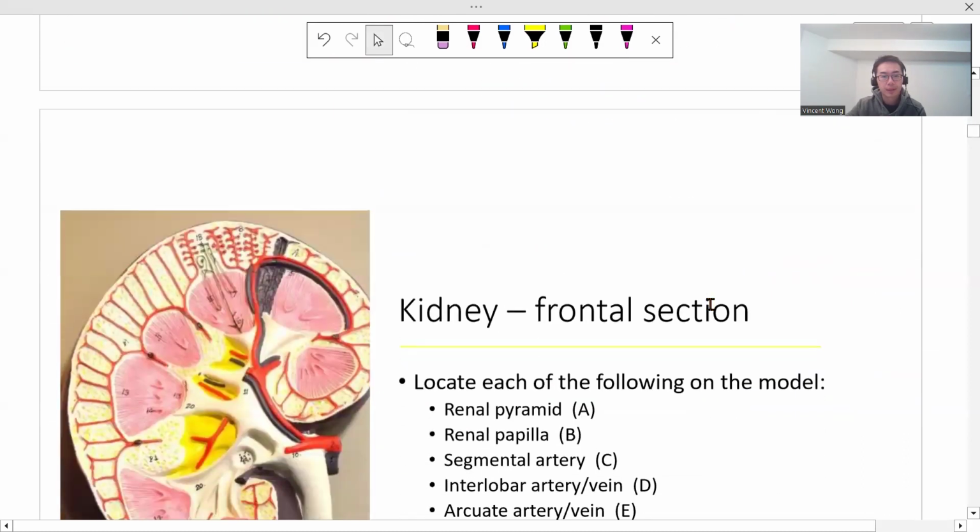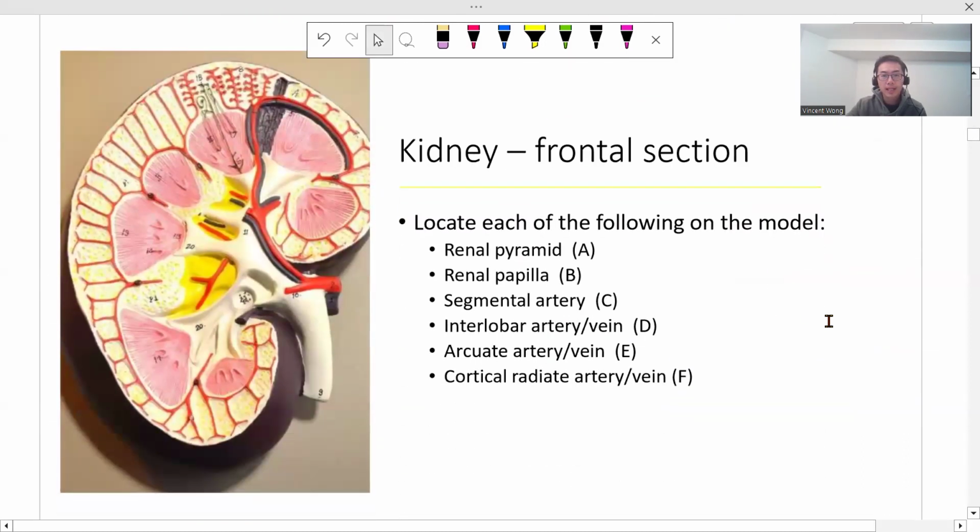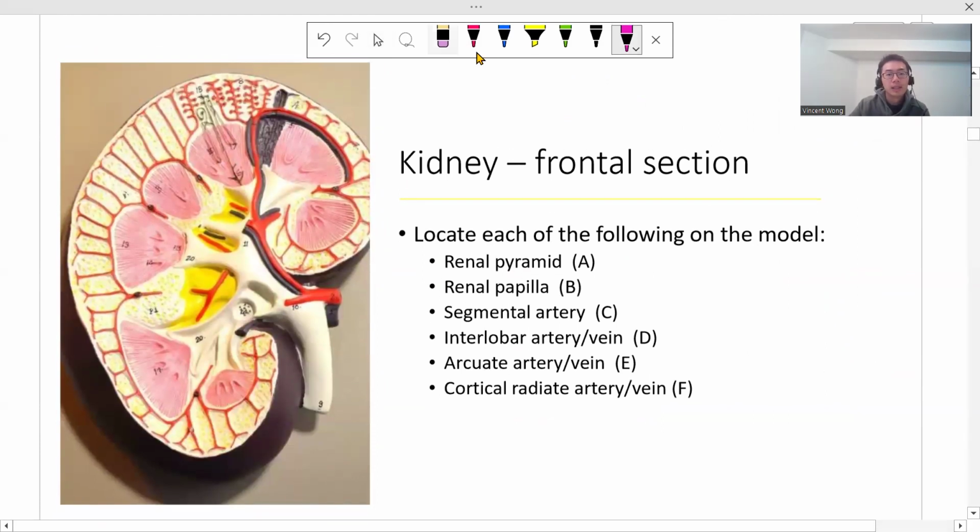Okay. Locate each of the following in the model. Okay. So we have the renal pyramid. That's easy. That's this stuff, right? These are the renal pyramid.